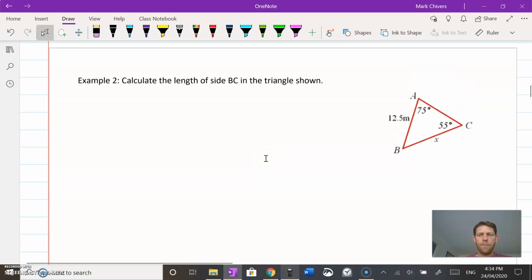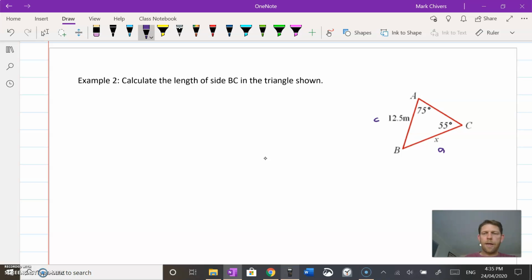So here's another example. What we want to know here is this side X, which is opposite angle A, so that's going to be side A. And we know that this side here, which is going to be opposite angle C, so that's side C, we have a distance on it. So we're looking for 2 sets of pairs of angles and sides that correspond to each other.